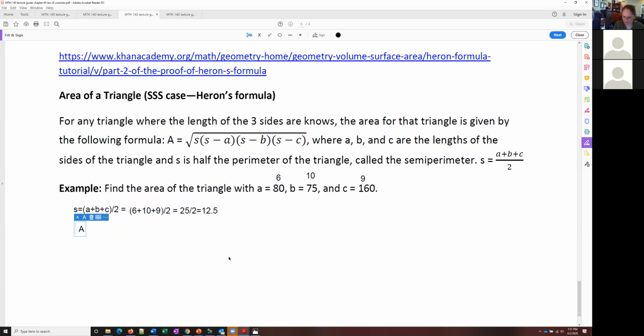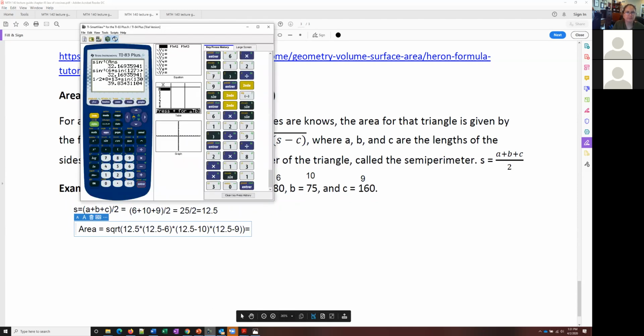So then the area is equal to the square root of 12.5 times 12.5 minus 6 times 12.5 minus 10 times 12.5 minus 9. So let's see what we get for that.